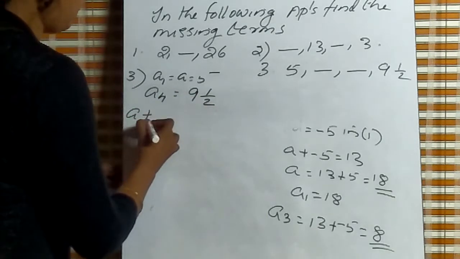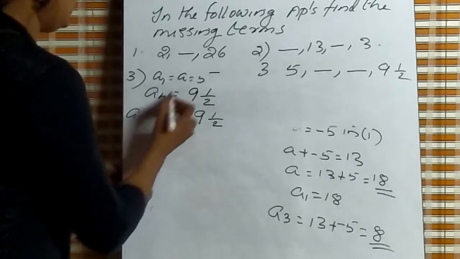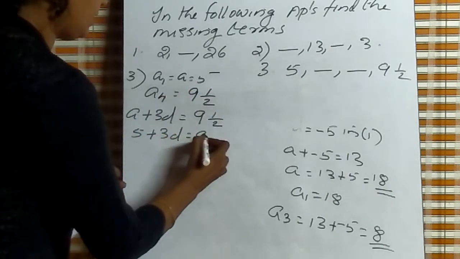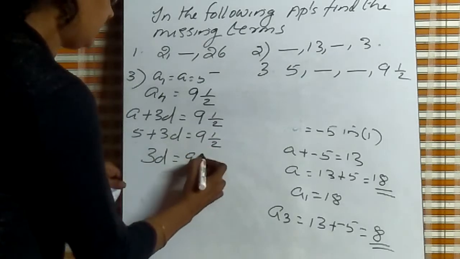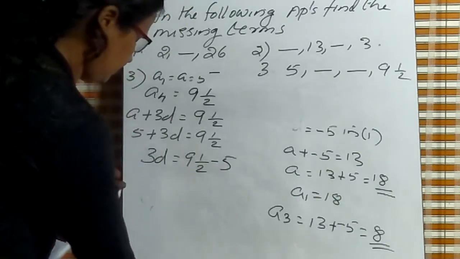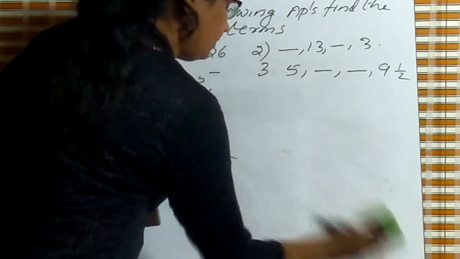A4 means A plus 3D is equal to 9.5. What is A? 5 plus 3D is equal to 9.5. 3D is equal to 9.5 minus 5.